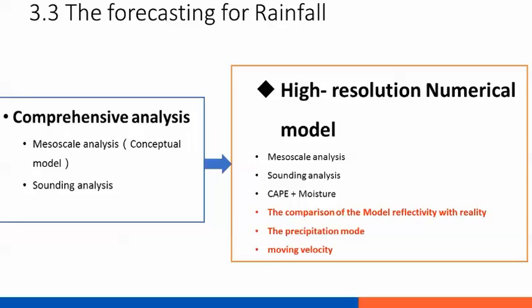After analyzing the model mesoscale analysis and sounding analysis of favorable environmental conditions, the depth of high moisture, or the trend of moisture advection for heavy rain, we also pay more attention to the precipitation mode and the moving speed of the reflectivity or rain cluster.